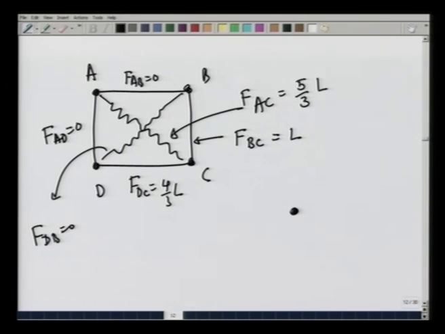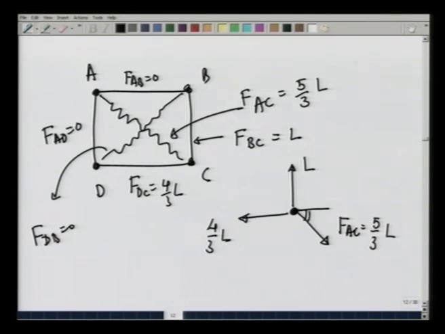Remember, we found that on A there is a force in this direction which is 4/3 L. There is a force upwards which is L, and now I know, because of the tension in the rope, there is a force F_AC which is 5/3 L. This angle is theta. Recall again that cosine of theta is 4/5 and sine of theta is 3/5.